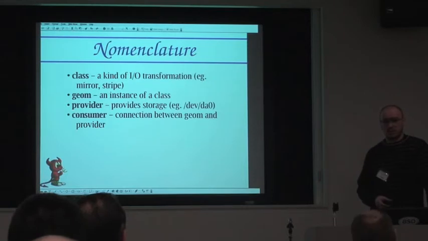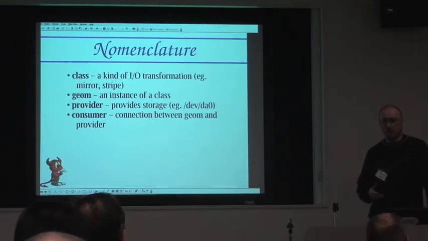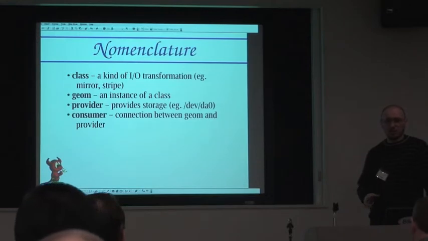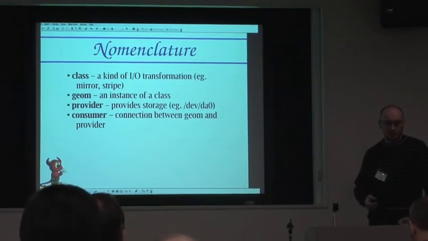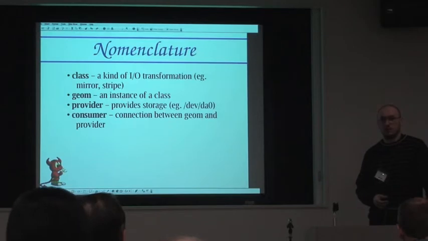A geom, when you use lowercase, is basically an instance of a class. It's nothing you can touch or feel. It's only a virtual object we hang other stuff from, like providers and consumers. And we have a provider, which is basically a DEVFS entry. For example, /dev/da0.